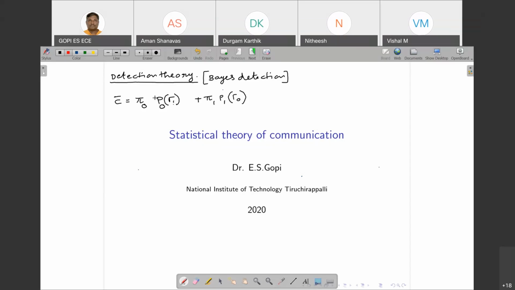We can have that cost associated with this. Originally it is 0 and you are declaring that it is 1.